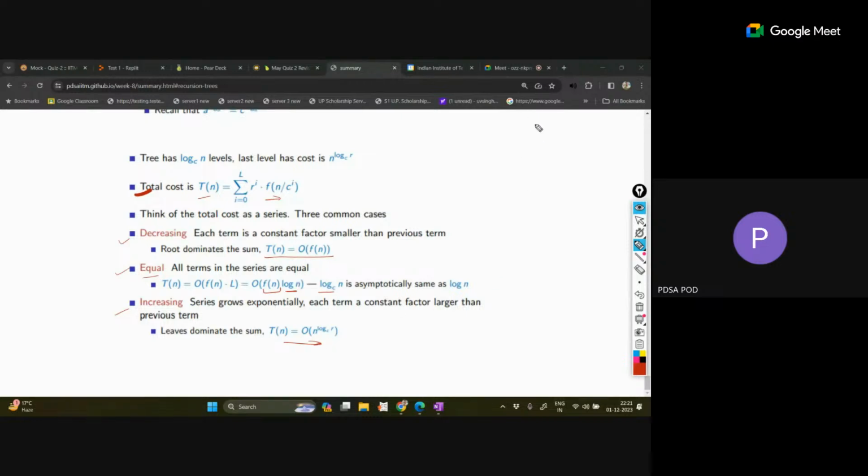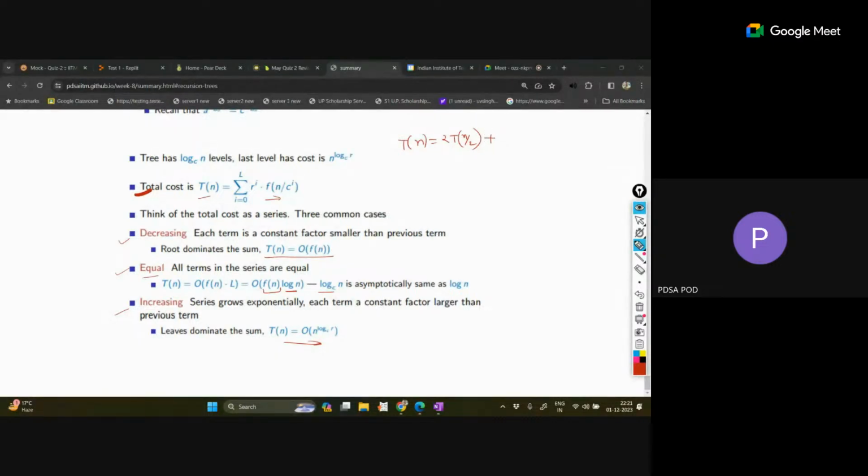So I'm just taking an example of this. If you remember the merge sort algorithm, what is the recurrence relation of merge sort? Tn equals 2 times T of n by 2: we divide the list into 2 halves, and we call the same merge sort function 2 times on the 2 parts. Apart from that, we have one merge process.